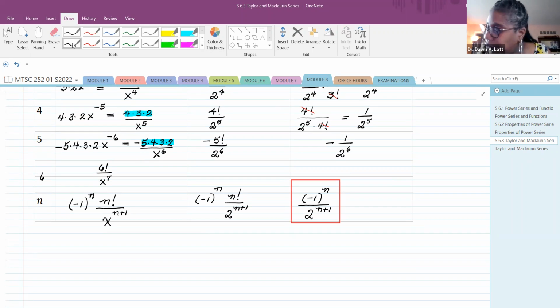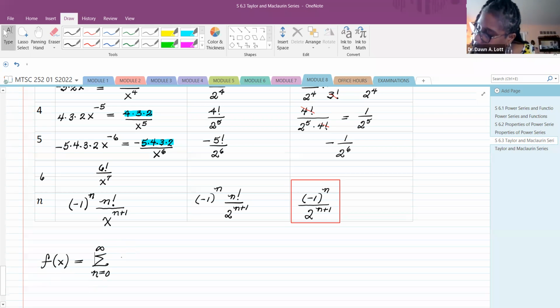So we have f of x is the sum n equals 0 to infinity of the nth derivative at 2, x minus 2 to the n over n factorial.